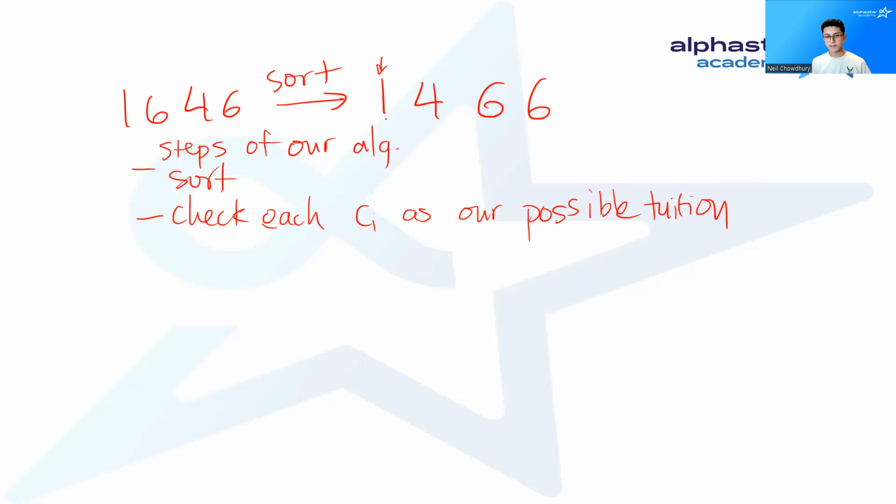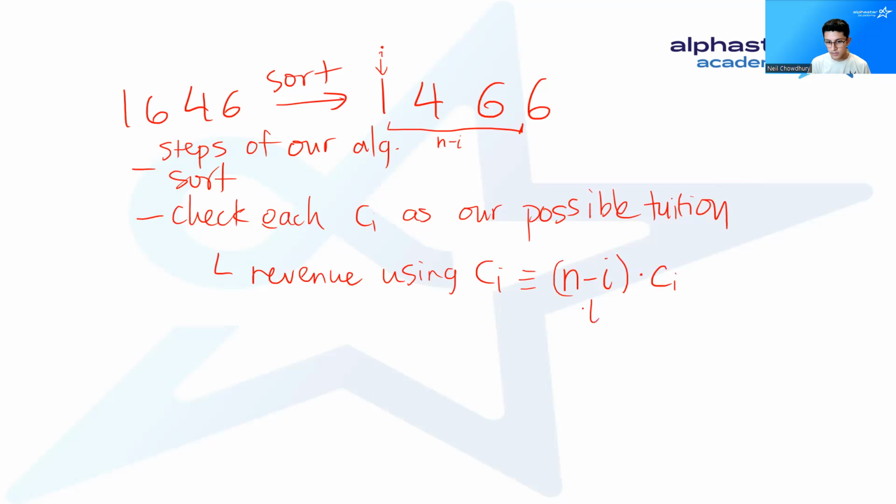We know that every cow after this one can afford $1 tuition, which means that the revenue that Farmer John would generate is, if this is index I, then there are n minus I cows here that Farmer John could get money from, which means that the revenue using CI is going to equal n minus I times CI. So this is the number of cows.